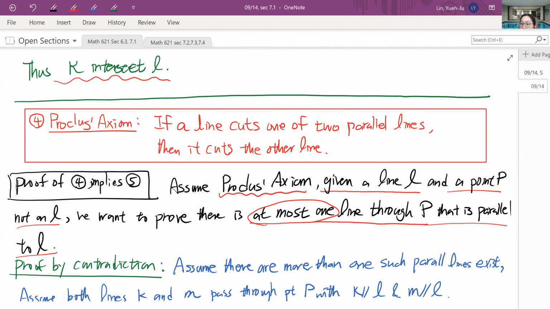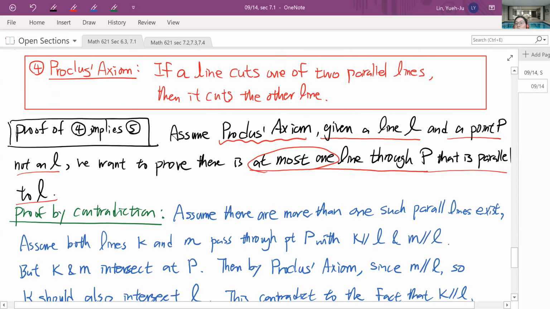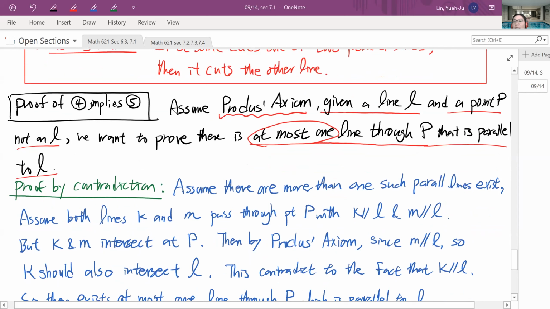So we are given a line L and a point P outside the line. We want to prove that there exists at most one line that's parallel to L but at the same time passing through P, okay? You can have at most one. So how to do the contradiction, right? Contradiction is sometimes hard because you need to find the negation of the statement. So what's the negation of at most one?